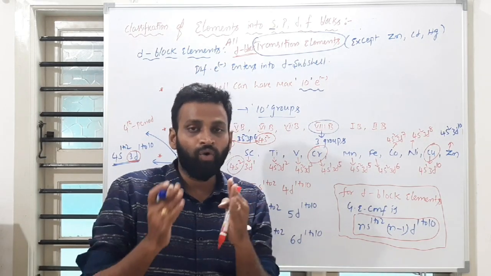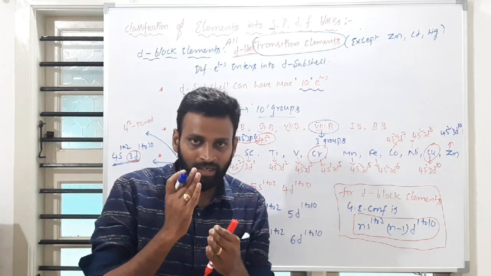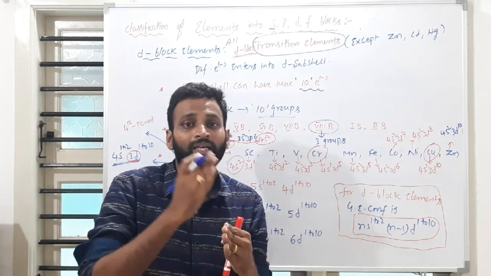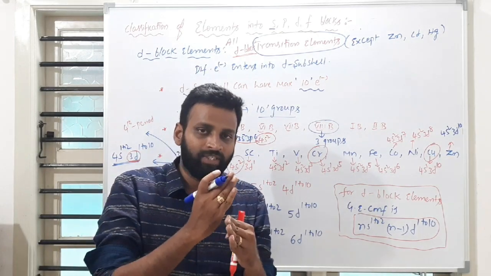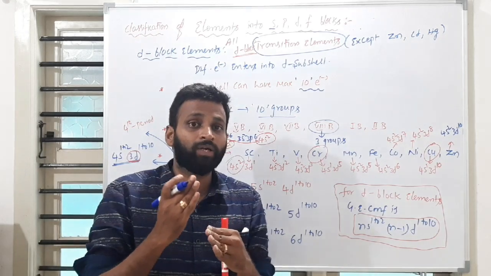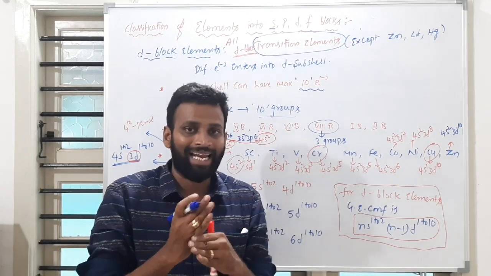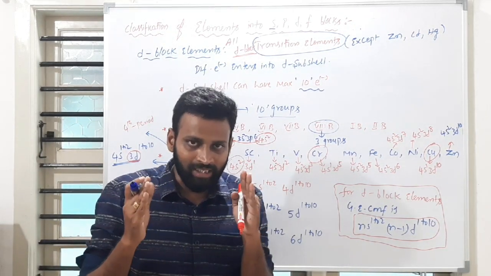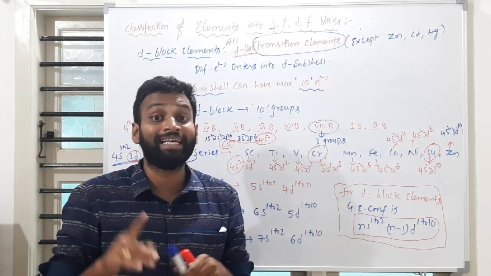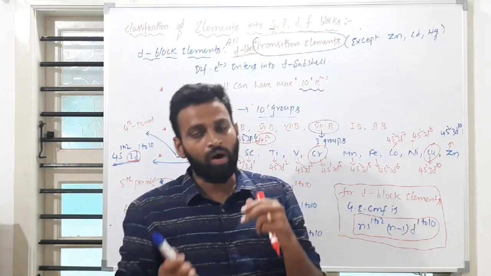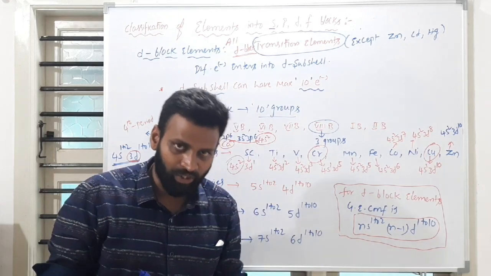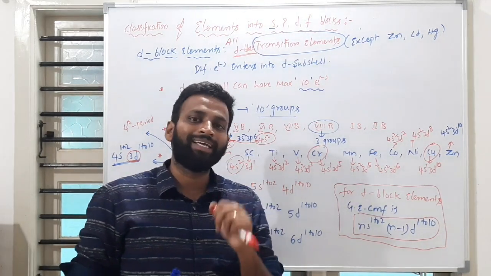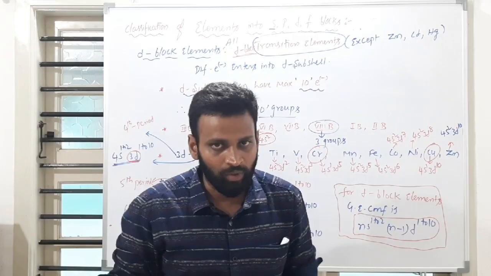Otherwise, 4f series are called lanthanoids because they come after lanthanum. 5f series are called actinoids because they come after actinium. And these f block elements are called inner transition elements. So what are the properties of inner transition elements? Also I will explain in our next class. Have a good day. Thank you.